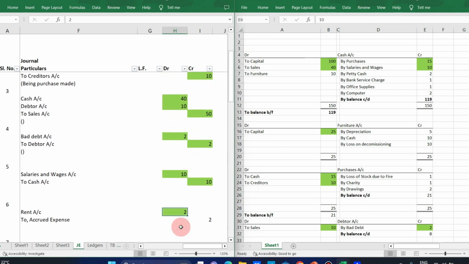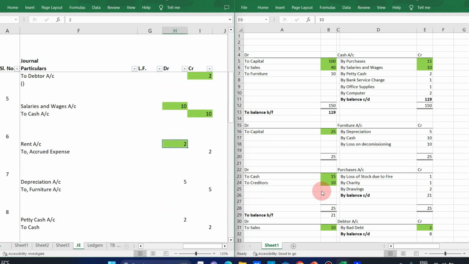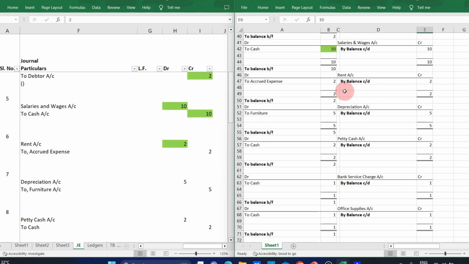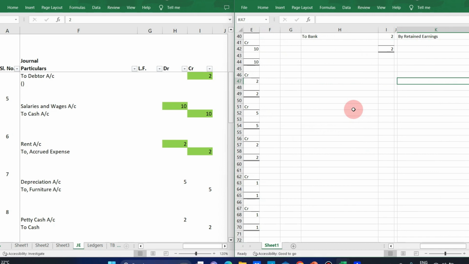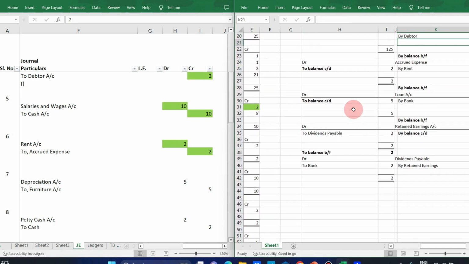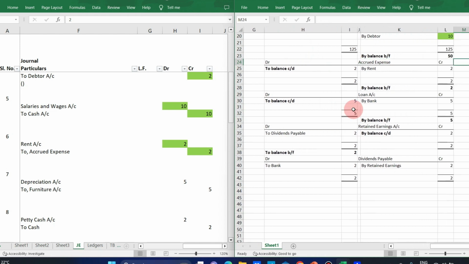So rent got debited here. So rent will have a new ledger, against accrued expense. So accrued expense will also have a new ledger. Yes, so accrued expense is here and it is getting credited. So the amount is in the credit side against rent.